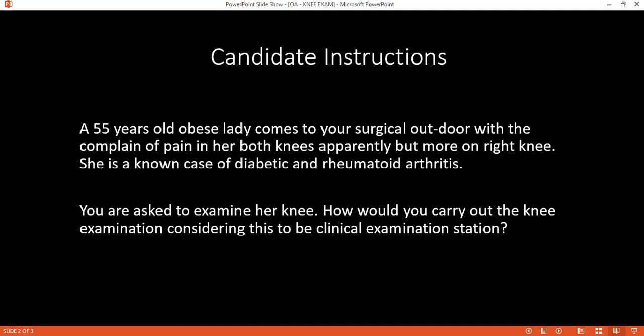Yes, the management: pain relieving medications, control the rheumatoid arthritis that she has with medication, and then arthroplasty, which can either be total or partial knee arthroplasty. The patient can also benefit from a realignment osteotomy.